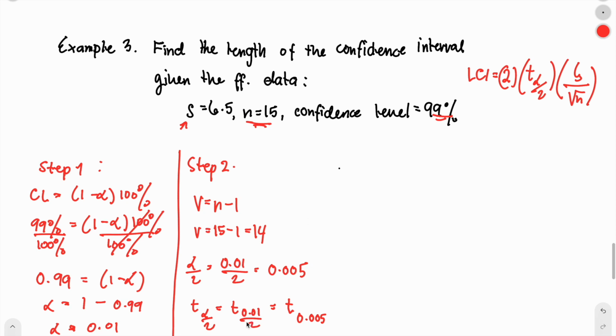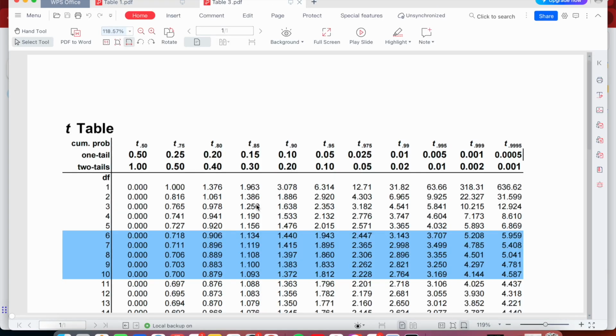Okay, so in our table, t sub 0.005, comma v, where v is 14. Check out table 3, the t table.